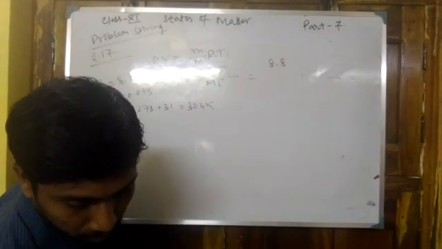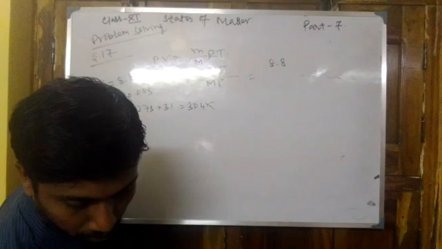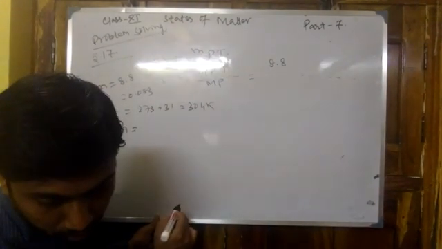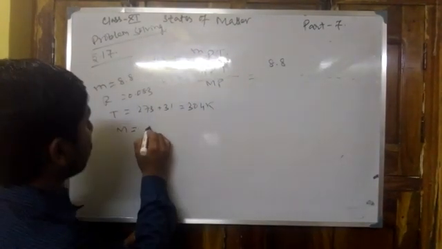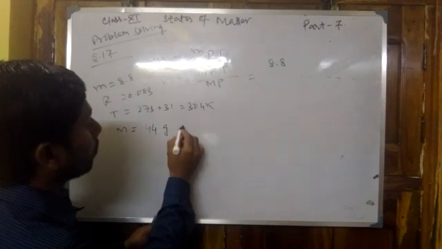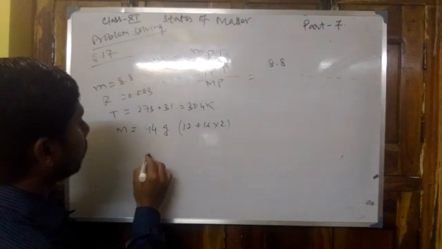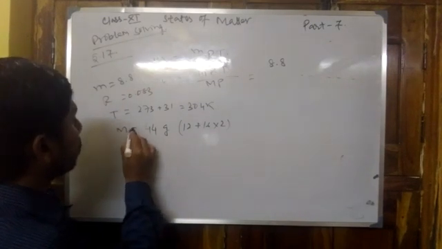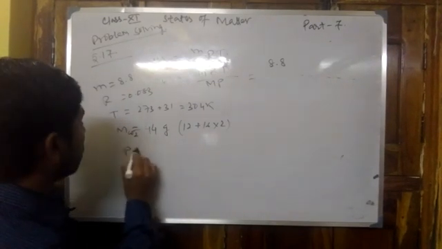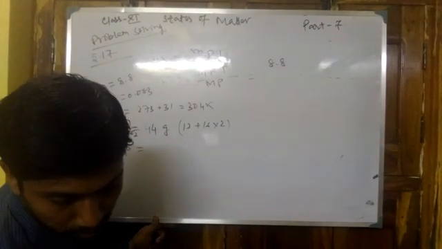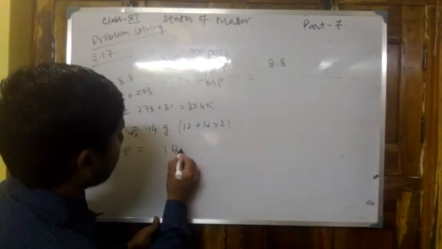Now we have to calculate capital M. It is for carbon dioxide, so capital M equal to 44 gram, that is 12 plus 16 into 2, 44 gram, the M of CO2. Next one, the pressure is also given, that is 1 bar.